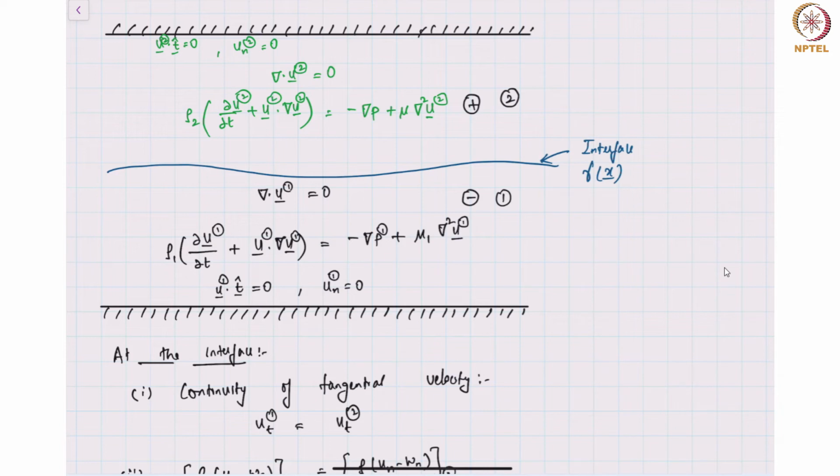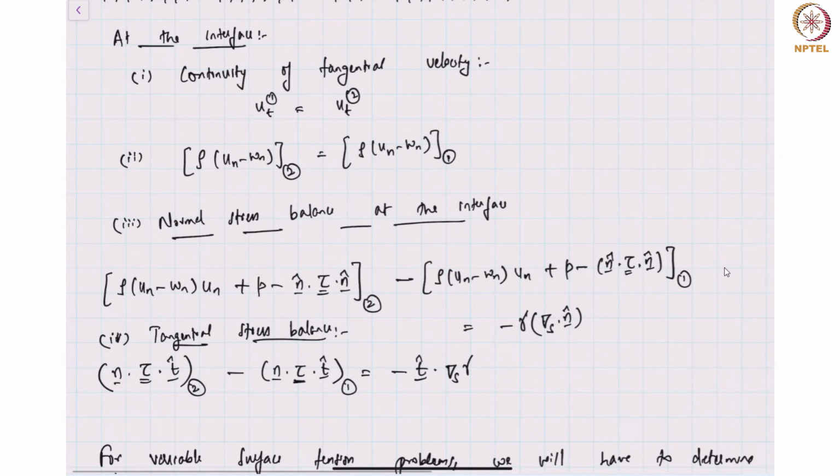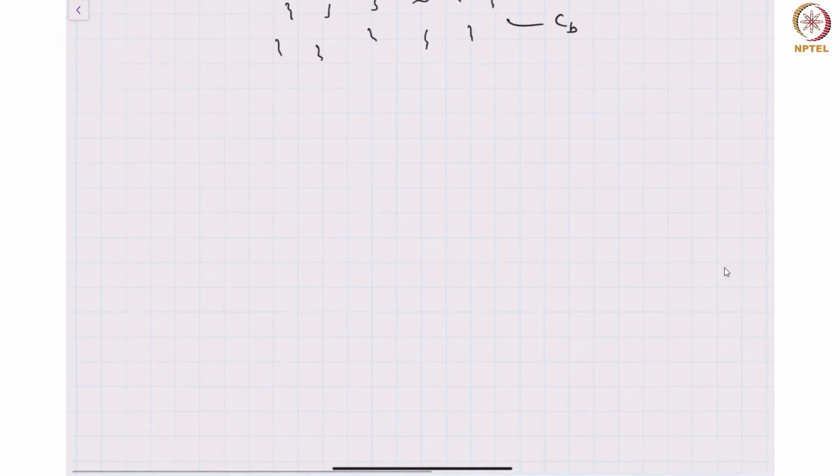Now, one small thing that I want to touch upon is that if you look at the interface, we have normal vectors. For example, we have terms like n dot tau dot n, and in the tangential stress balance we have n dot tau dot t. Now, what is this n, and what is this t? How do I determine n and t? I'll give you a simple example of how we determine n.